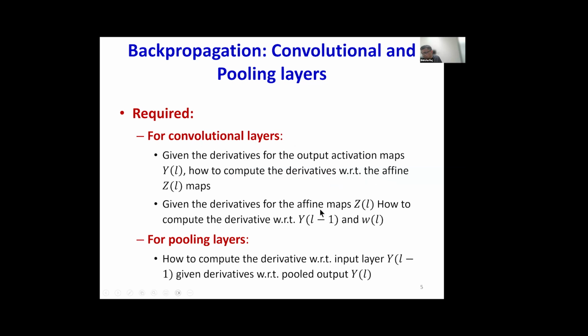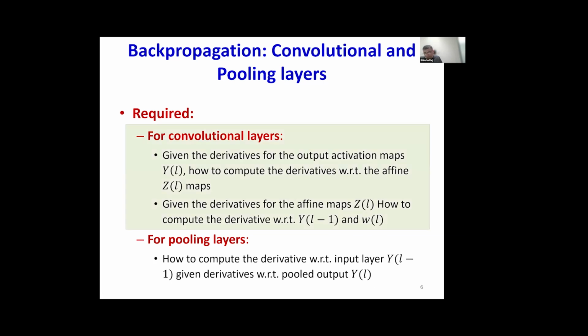And then given the derivative for the affine maps Z_L, we would have to compute the derivatives with respect to Y_{L-1}, which is the output maps of the previous layer, and also the derivatives with respect to W_L, which are the filters that were applied to Y_{L-1} to give us Z_L. For the pooling layers, given the derivatives with respect to the output Y_L, we had to compute the derivatives with respect to the input Y_{L-1} to the pooling layer.